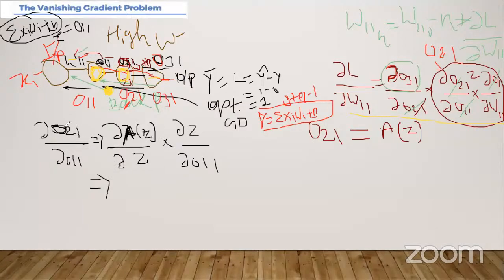Same thing, the derivative of O21 divided by O11 can be written this way. Again, I can bifurcate this: the activation function term I will keep as it is, and the second term I will bifurcate as dz by dO11. Because z, again, what does it consist of? Z.